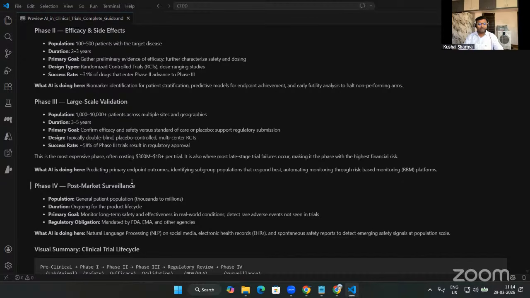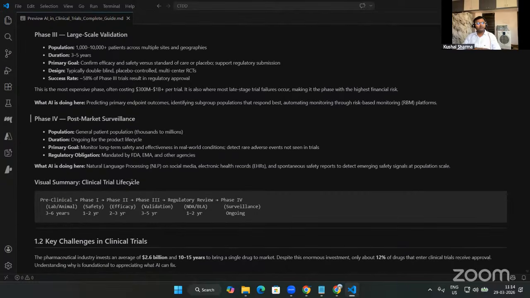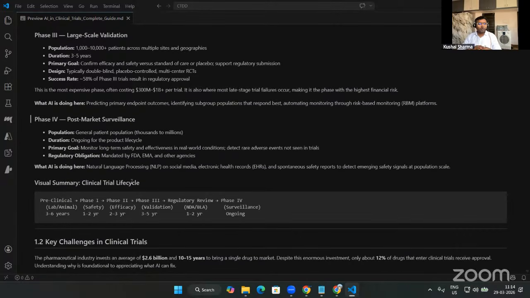Then comes phase 4. In phase 4, it is post-marketing surveillance, where the population is general patient population. So it is thousands to millions wherever the drug is being prescribed. Duration is ongoing for the product life cycle.